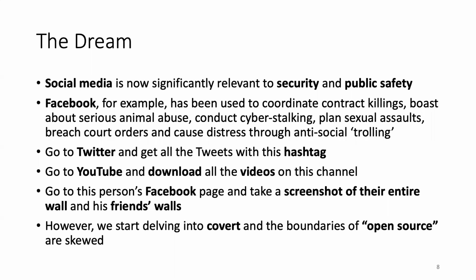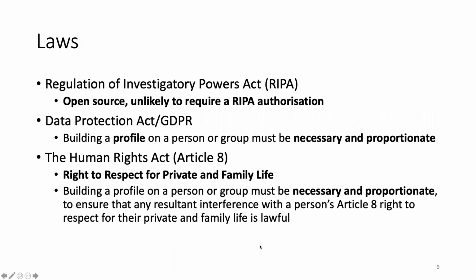But we did start getting into a question of when open source research becomes covert. I think that also applied with some of the laws that govern this. Things like RIPA, we're unlikely to need RIPA to do this. But GDPR means that it must be necessary and proportionate.